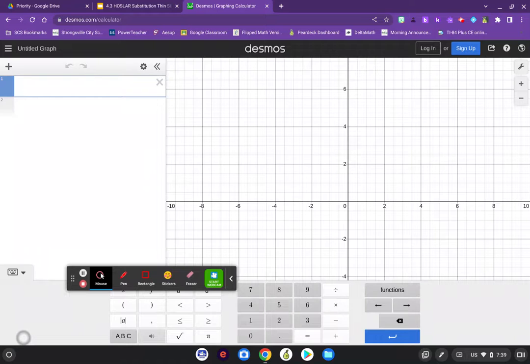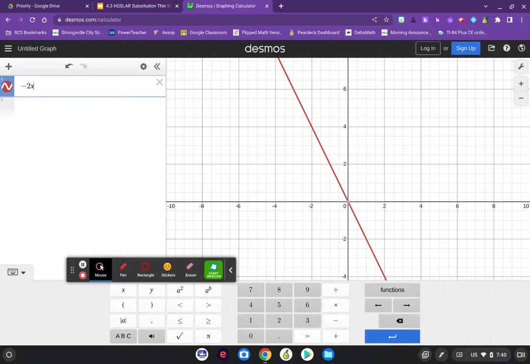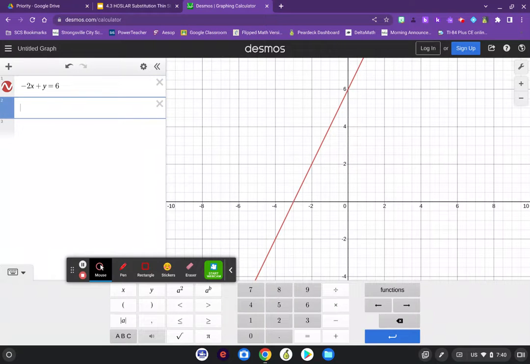We have negative 2x plus y equals 6. And down here, we have negative 4x plus 5y is equal to 18.